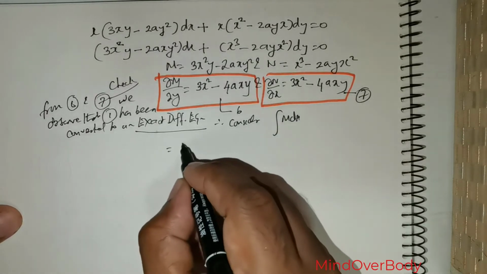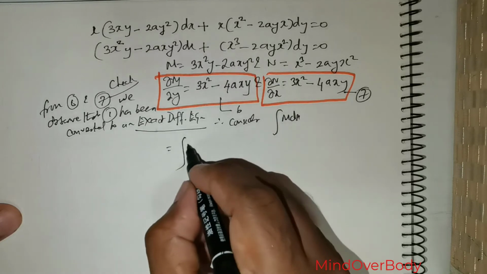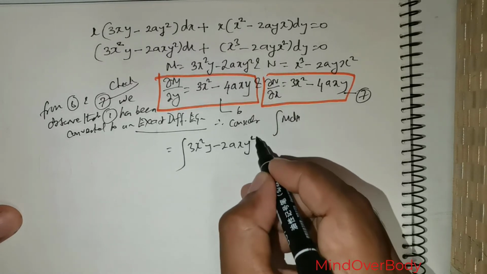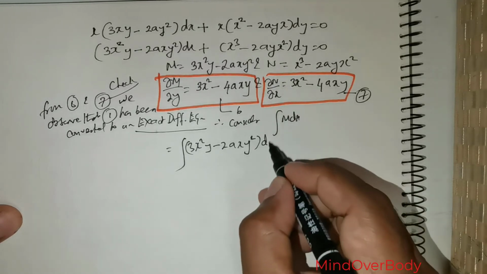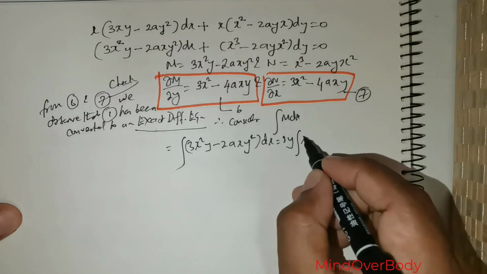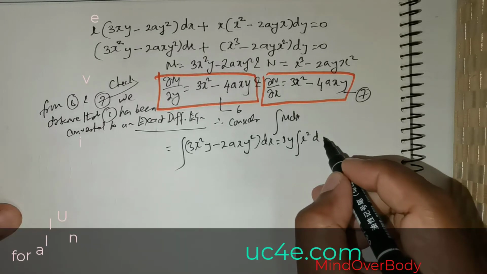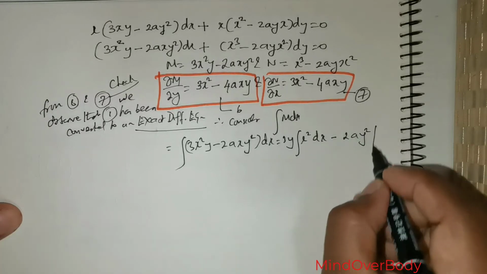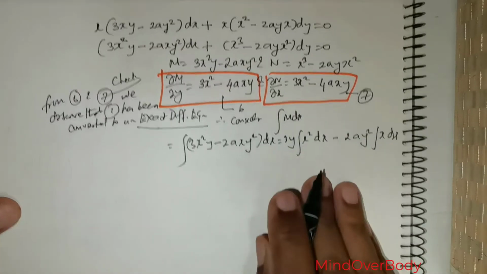What is that? Which is equal to the integral of (3x squared y minus 2axy squared) times dx, which is nothing but, I take 3 out, y out, is going to be x squared times dx. I take 2 out, I take a out, I take y squared out, and I got x into dx.